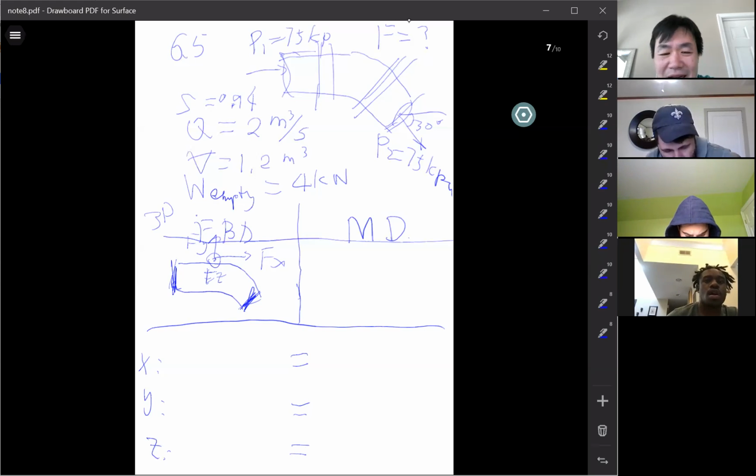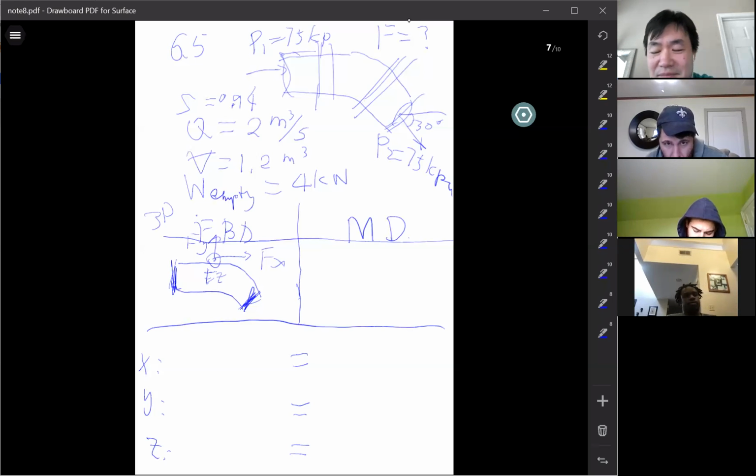It's 3D, and I cannot draw the third dimension. I use a circle with a dot to mean positive, going out of the paper, just like an arrow. A cross means going into the paper. I assume the z direction is going out of the paper as positive. This is basically a top view of the object. Gravity is going downward, so gravity is going into the paper.